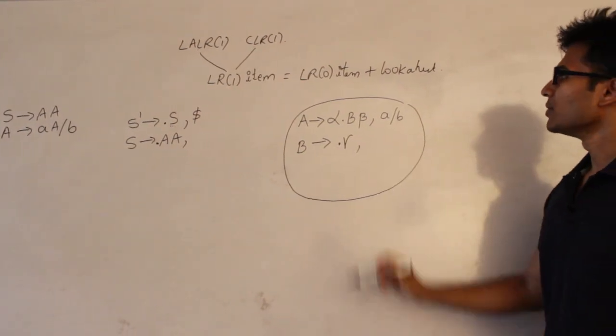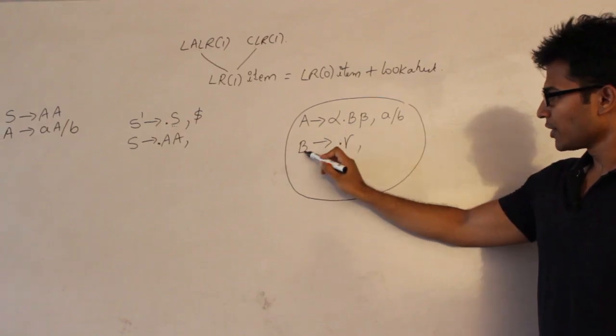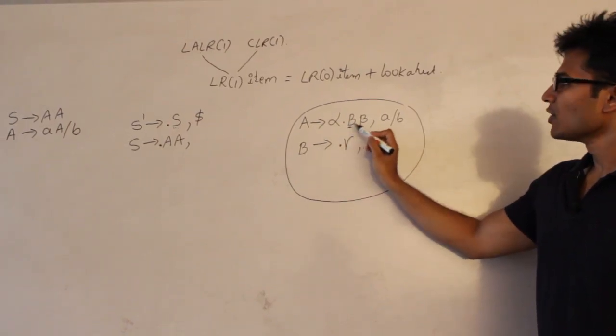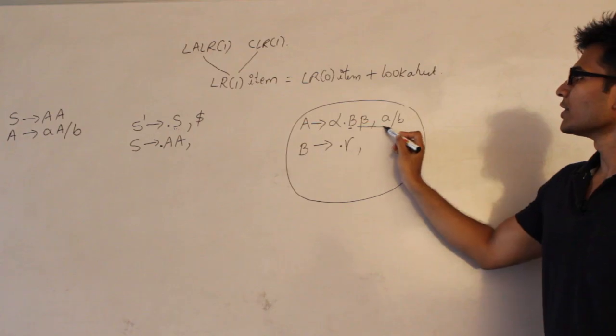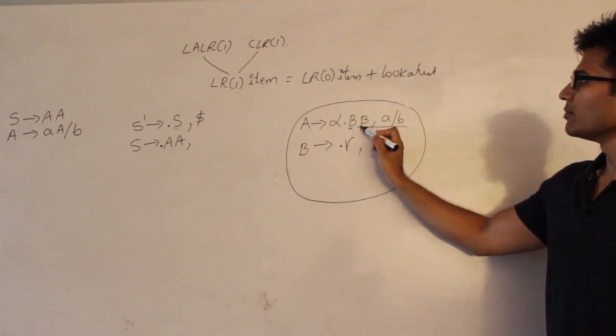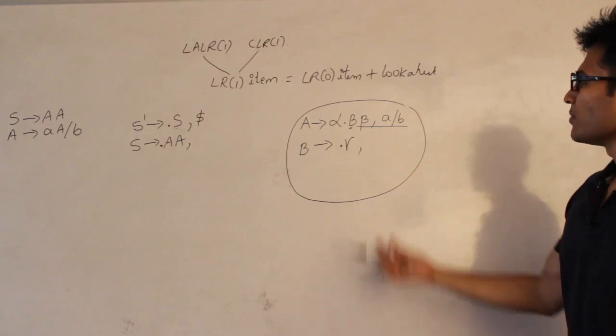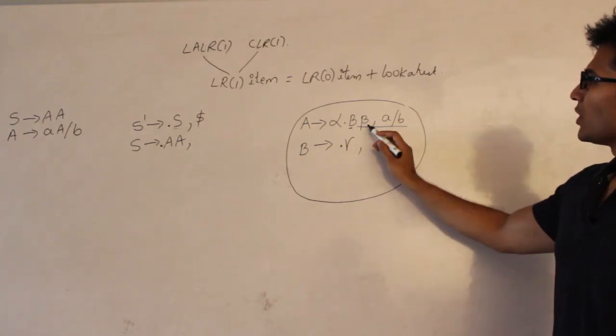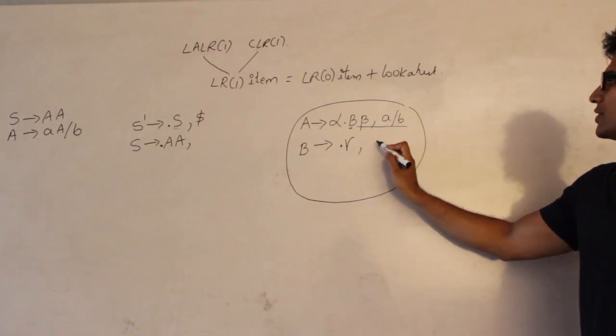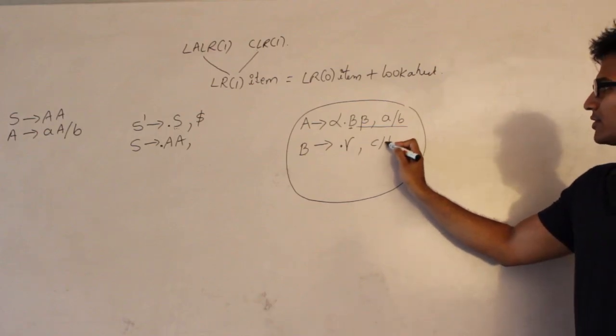We have added this B production because of this B. Whatever is remaining after that is beta followed by a or b. Find first of beta followed by a or b and then add it. So let us say first of beta is C or D, then I add C comma D here.